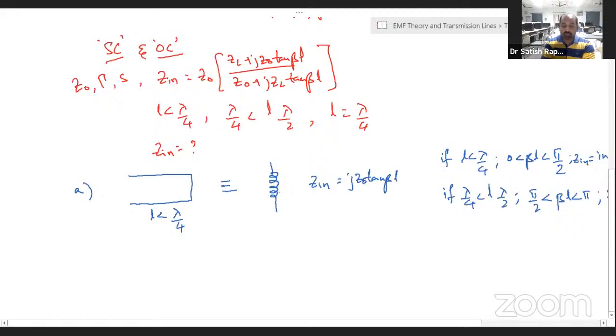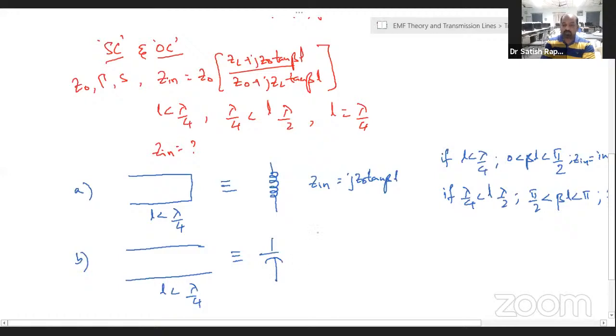So from this knowledge, for a short circuited transmission line whose length is less than lambda by 4, the equivalent circuit is inductance. For an open circuited transmission line whose length is less than lambda by 4, the equivalent circuit is capacitive.